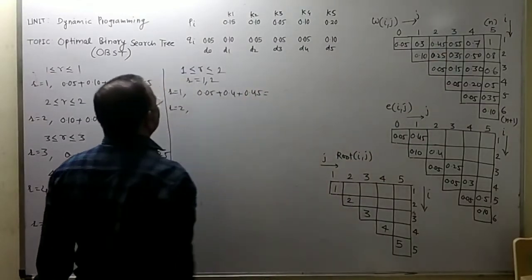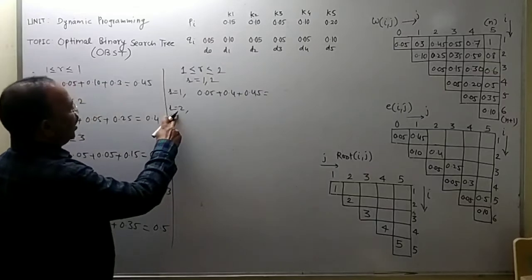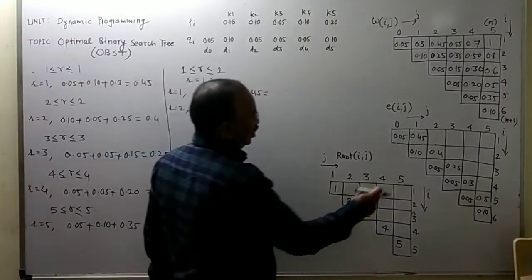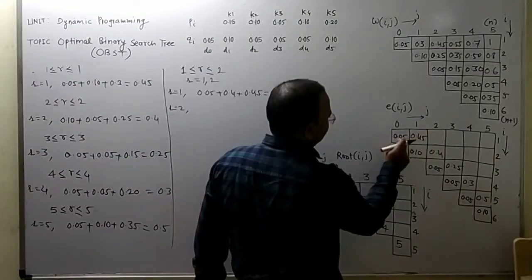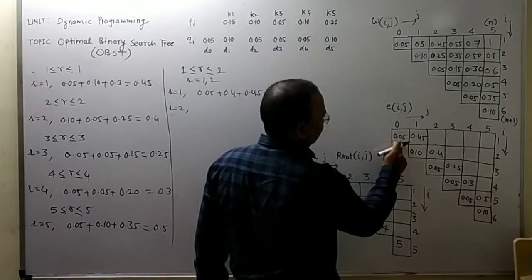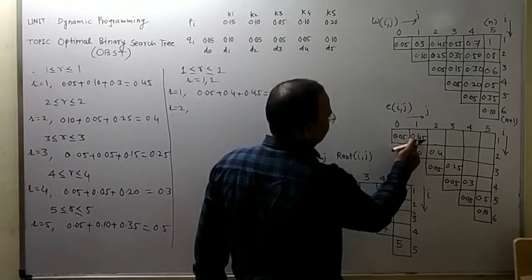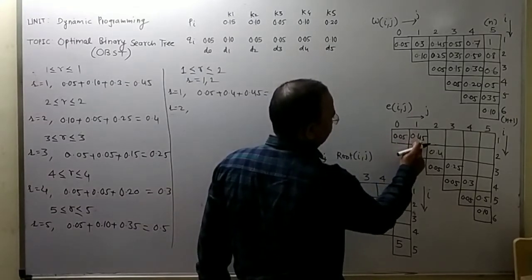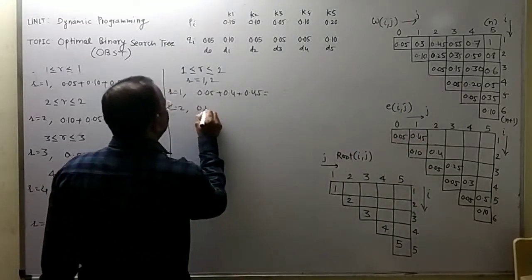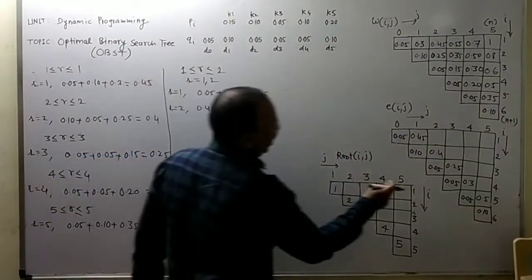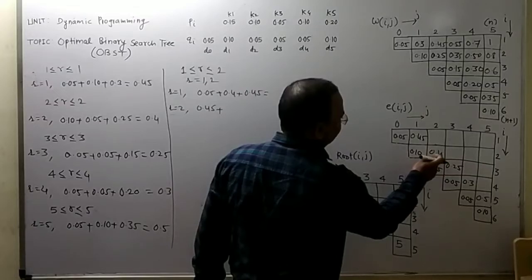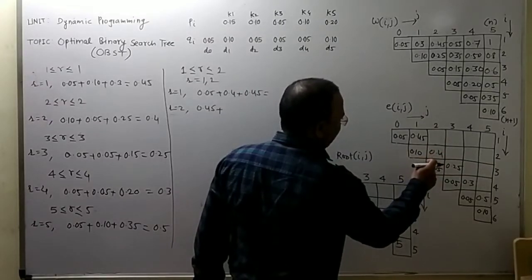0.45 is equal to... Then for R is equal to 2, already we have referred this value for the previous R. Now refer this value 0.45, and we have referred 0.4 for previous R value.